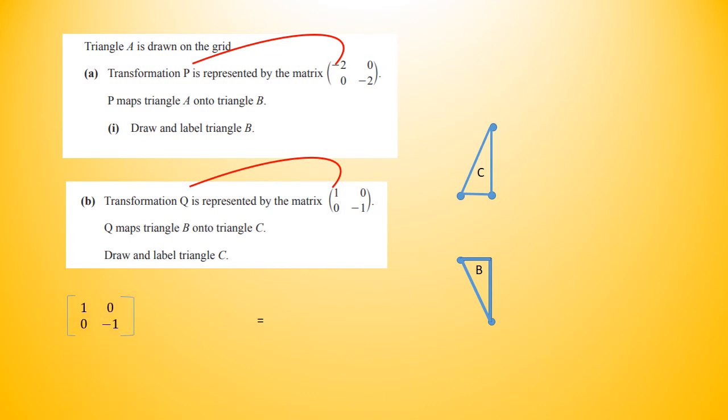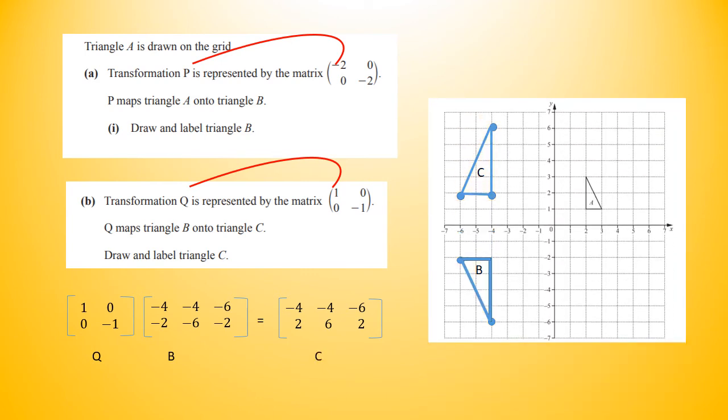The first thing is you have to write down the transformation matrix Q, that is 1, 0, 0, -1. Then you write down the coordinates of triangle B. You use matrix multiplication, row by column method, and you will find the new coordinates of triangle C.